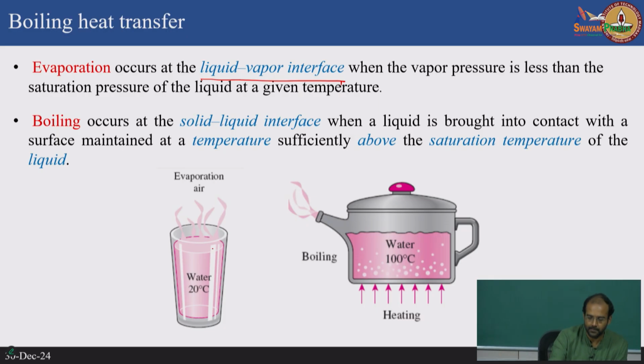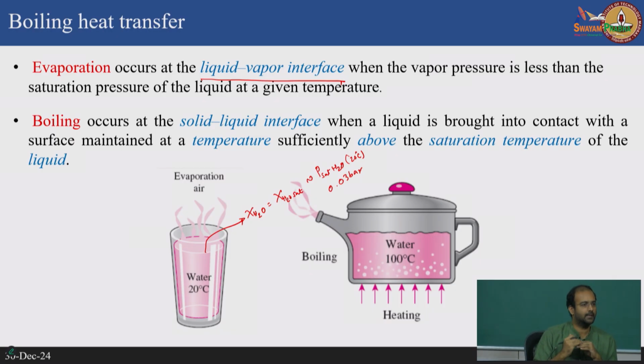Evaporation happens because if you look at the mole concentration of water vapor right at the interface of the liquid, this is completely saturated. So, this is X_H2O saturated. That means the saturation pressure of water vapor corresponding to the temperature, let us say it is 20 degrees, may be something like 0.03 bar. So, this is your condition at the interface.